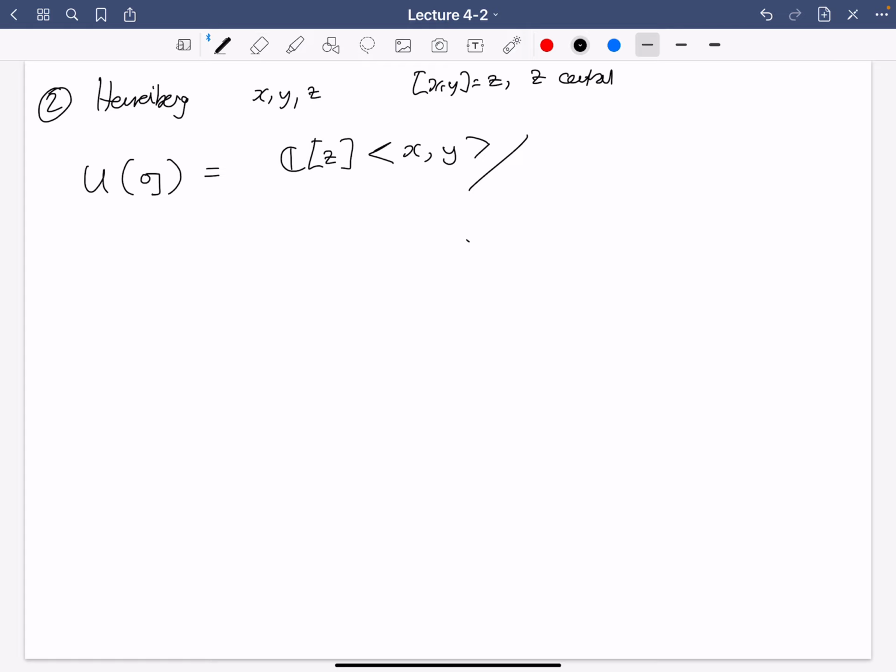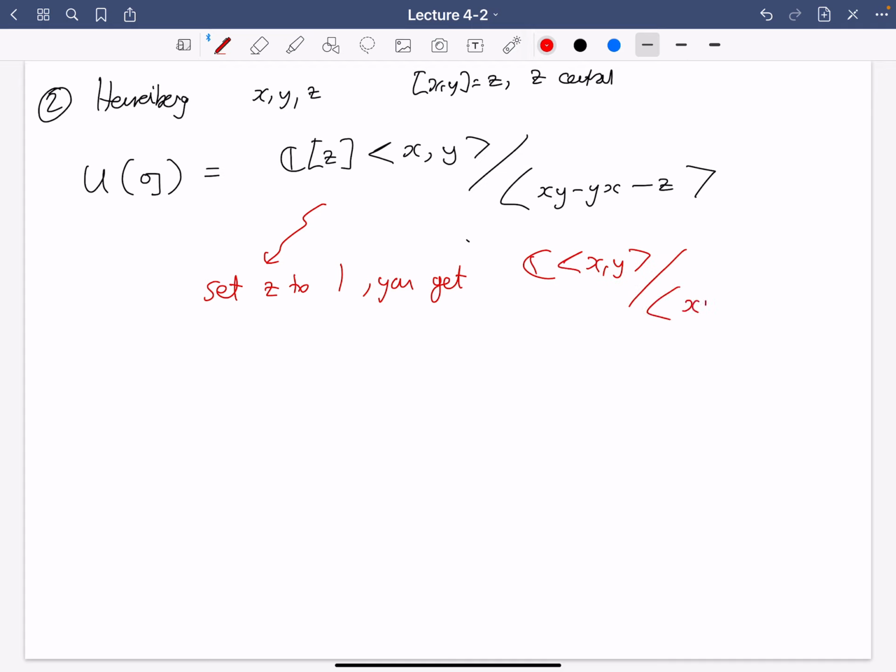And then on that you have to factor out a two-sided ideal, because you have to force that the commutator [x, y] is equal to z. So that's the universal enveloping algebra of Heisenberg, and maybe that looks familiar to you. Maybe it will look even more familiar if you set this central element z to 1, and then you get the free associative algebra in x and y, modulo the ideal generated by xy minus yx minus 1.